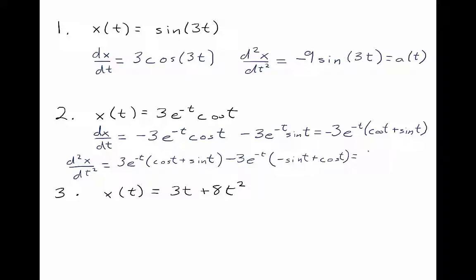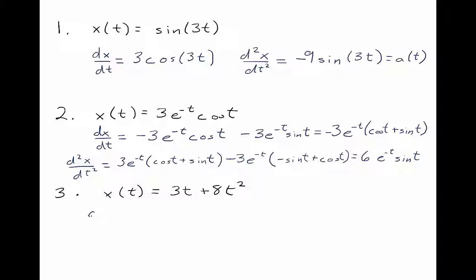And if we clean this up, what we end up with is 6e to the minus t times sine t. Okay, that got a little messy, but it cleaned up nicely in the end.